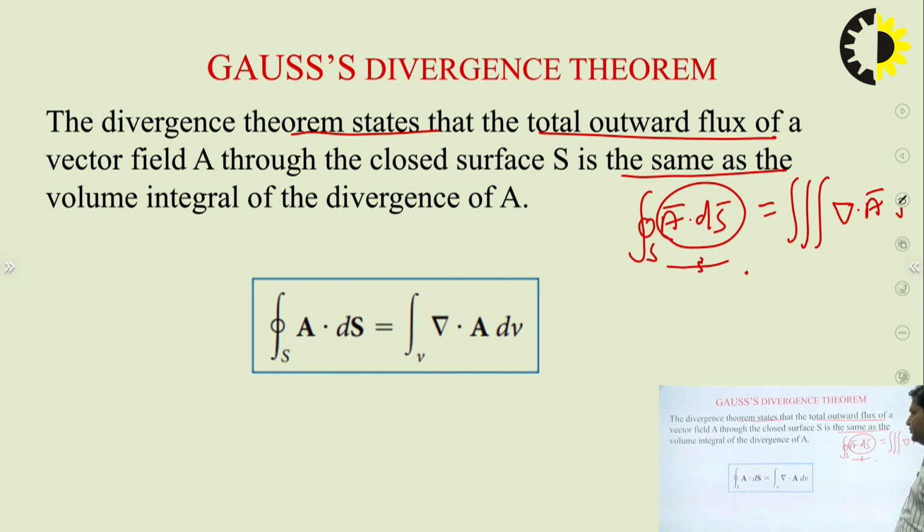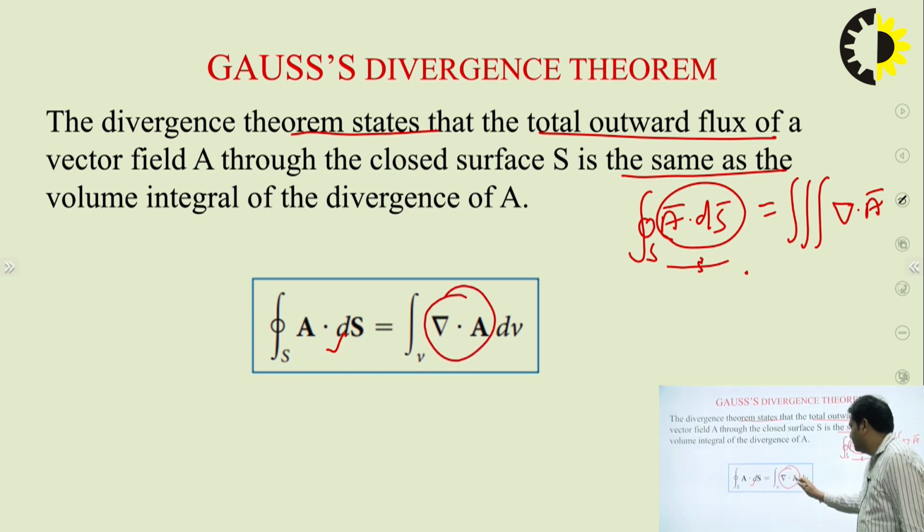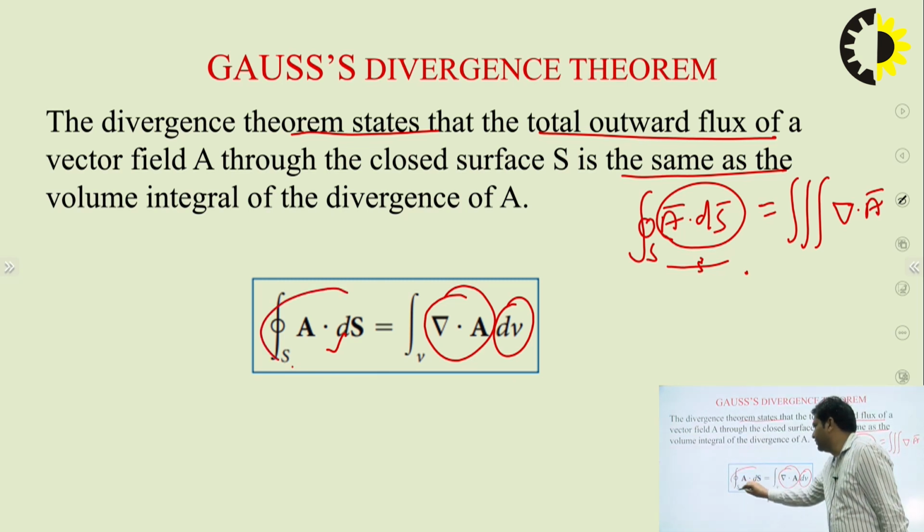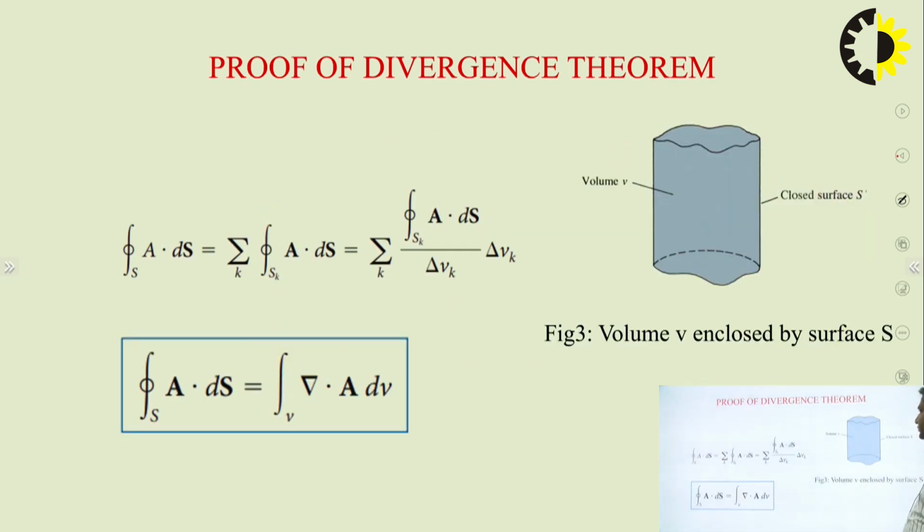The total outward flux through a closed surface S is equal to the volume integral of the divergence of that vector. That means if we take the volume integral of the divergence of the vector, it is equal to the total outward flux from that surface.